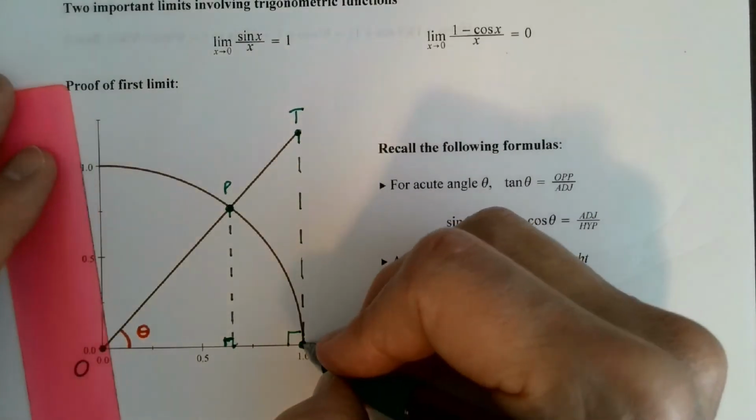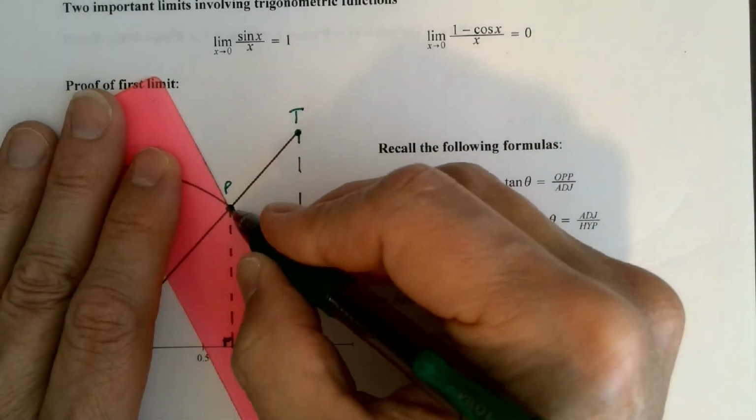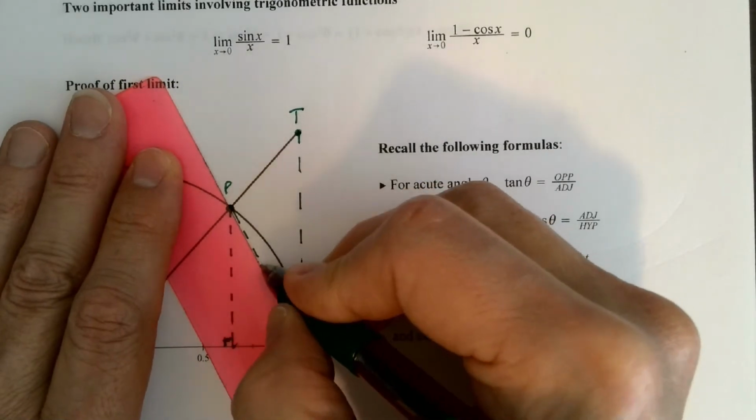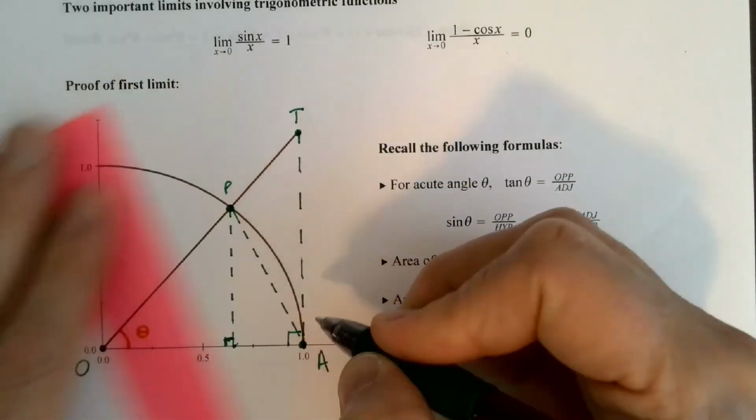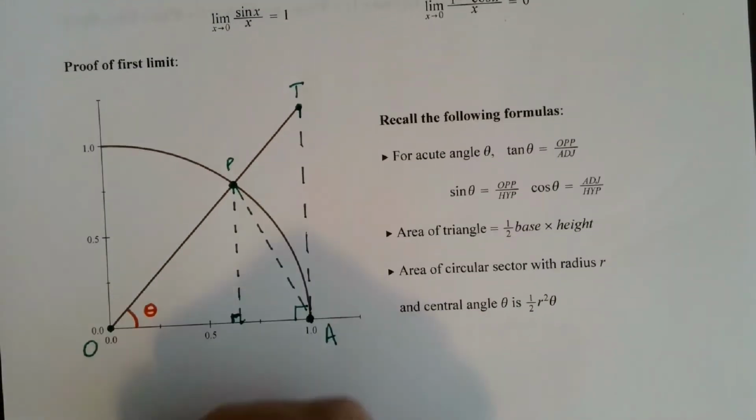And I also want to draw a line from P to A, a dashed line, just to help with visualizing things. So what I want to take a look at is the couple of triangles I formed. I want to look at the area of those triangles. I want to look at the area of triangle OAP.